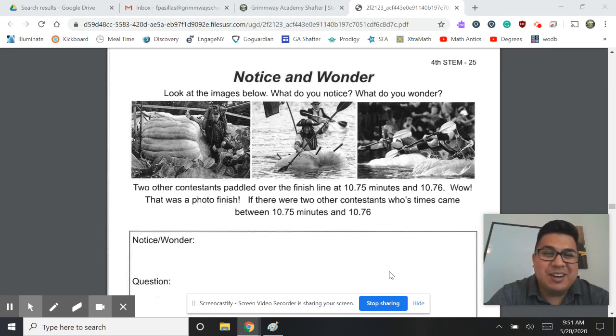It also says on here, two other contestants paddled over the finish line at 10.75 minutes and 10.76 minutes. Wow, that was a photo finish. There were two other contestants whose time came between 10.75 minutes and 10.76 minutes.